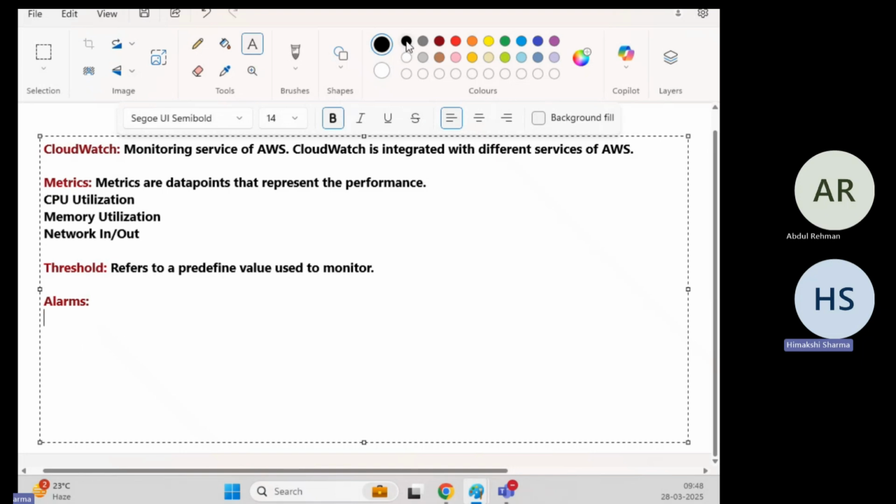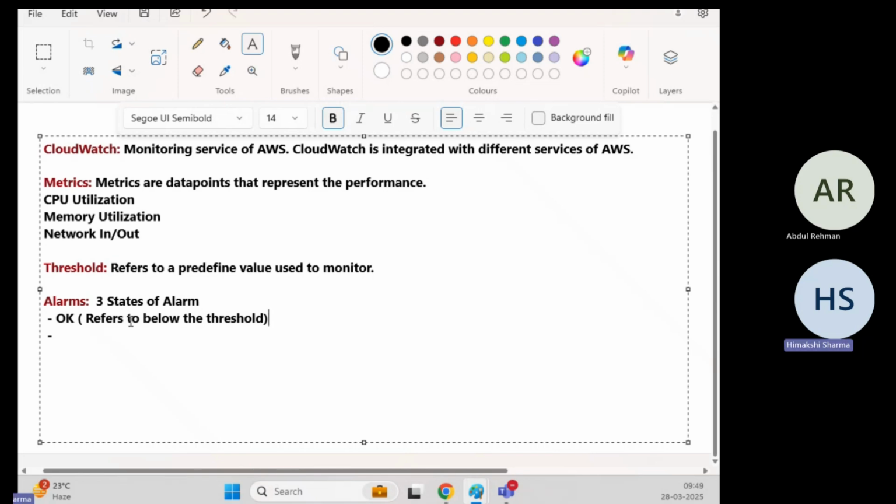There are basically three states of the alarms here. The first is OK. OK refers to below the threshold.